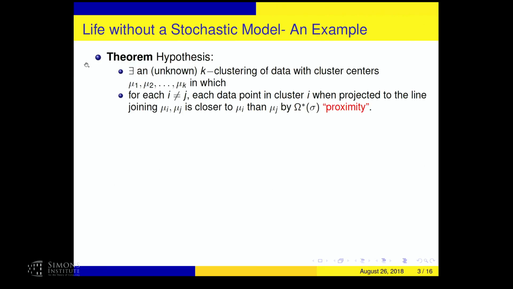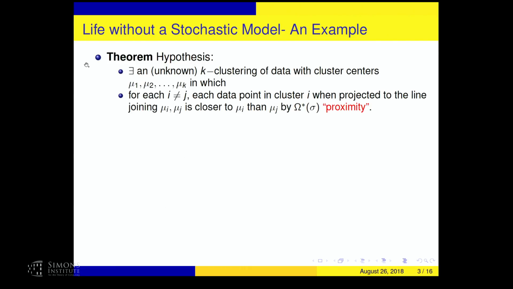So in fact, in this sense, a point in cluster i, when projected to the line joining the centers of the 2 clusters, is closer to mu i than mu j. And I'm going to measure distances by standard deviation sigma, except I have to tell you what standard deviation means without stochastic assumptions. I'll tell you that at the end. At the moment, just think of it as standard deviation.